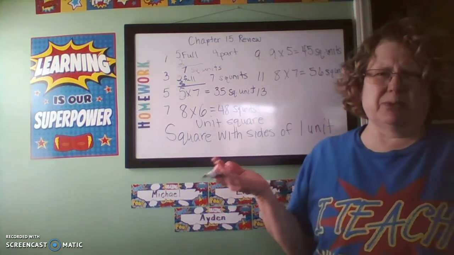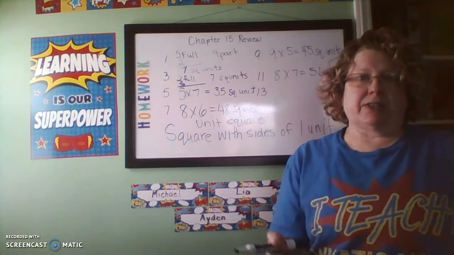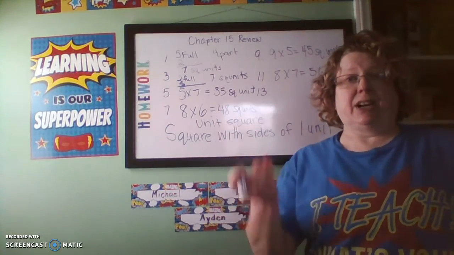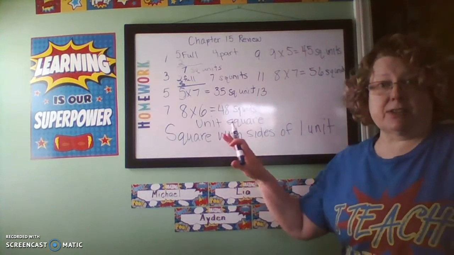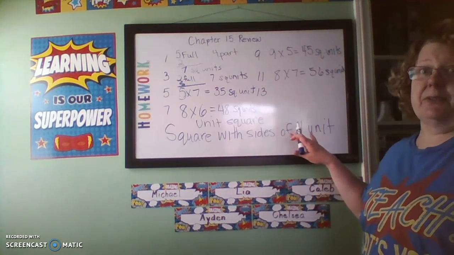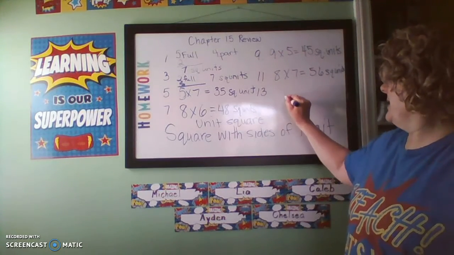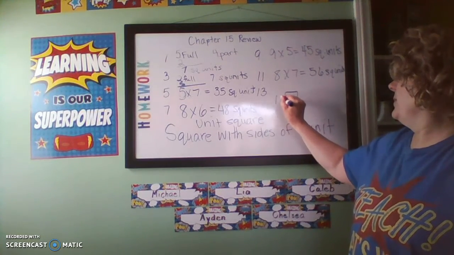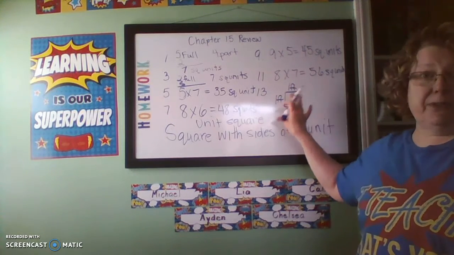You might be saying, well, why are we even talking about that? Well, because pretty soon they're going to ask you, what is a square foot? A square foot is a square with sides of 1 foot. So a square foot would have a side of 1 foot, 1 foot.